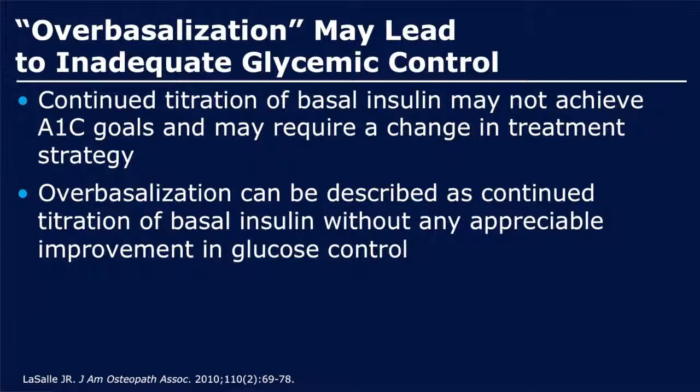When the titration of basal insulin achieves a fasting blood glucose level between 80 and 100 milligrams per deciliter, and the patient is still not at A1C goal, a more intensive therapy may need to be initiated to help control the postprandial glucose. If glycemic control has not been achieved, including control of postprandial glucose, then the patient may require the addition of prandial insulin to an appropriate basal insulin regimen.